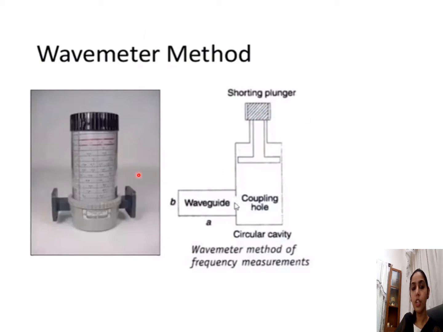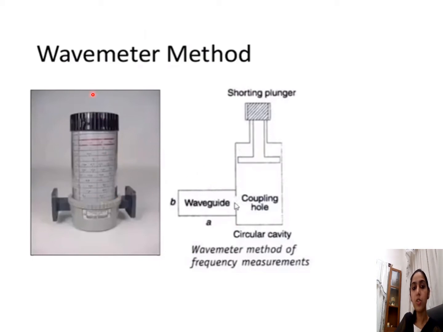Okay. So we know that this frequency meter is to be inserted in a microwave test bench. For example, here we'll be having a source, isolator, attenuators, etc. After that only we insert usually a frequency meter and then we connect it to output, say VSWR meter or whatever it is, DSO.